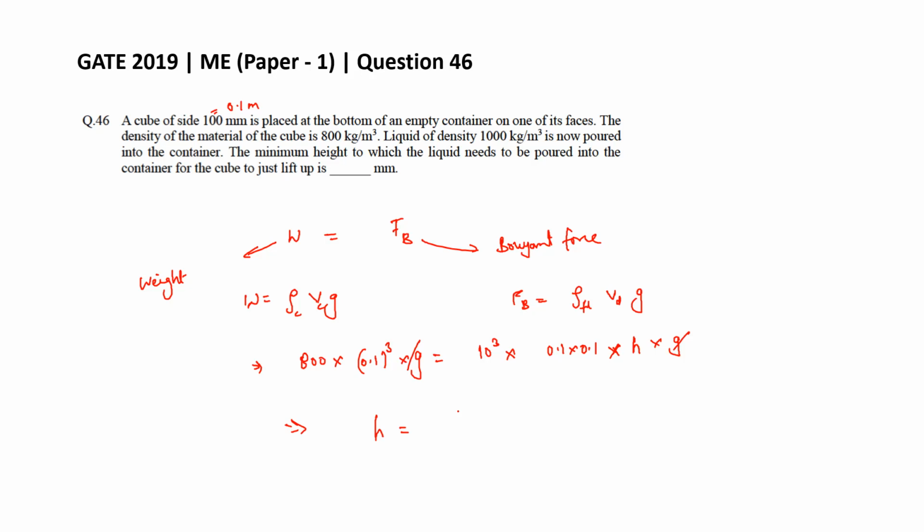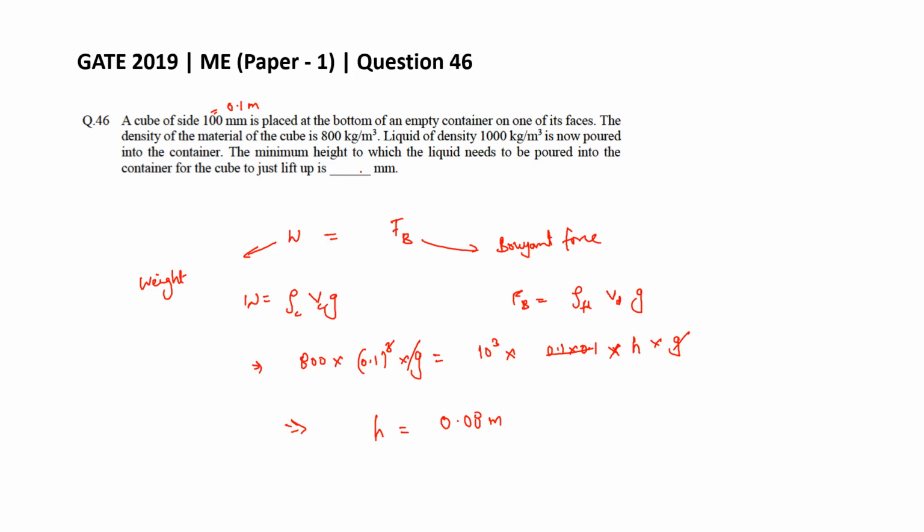This is fairly straightforward, and I think you can cancel two of these from here, and this will be 80 divided by 10 raised to the power 3, so that is 0.08 meters.